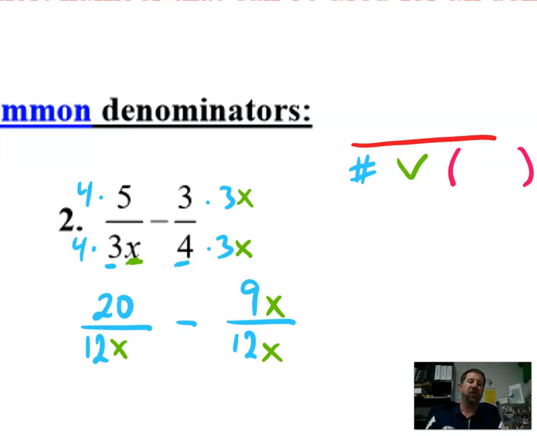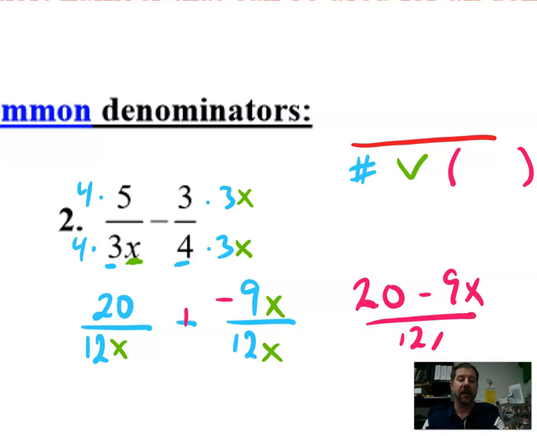Right? It's a little weird the first few times you do this, but that's how we're going to work to get a common denominator. Once they're the same, now it's no big deal, but I think the hardest part today is getting that common denominator. Plus a negative should be your negative, and so we get 20 minus 9x all over 12x.